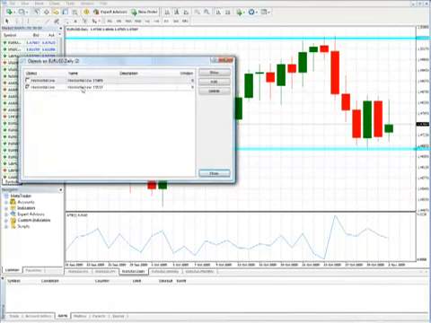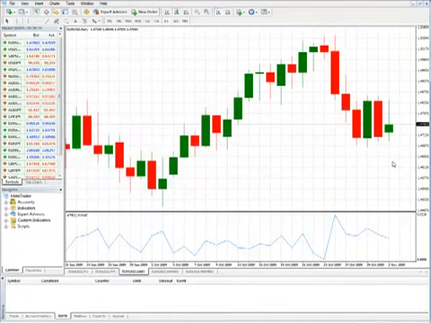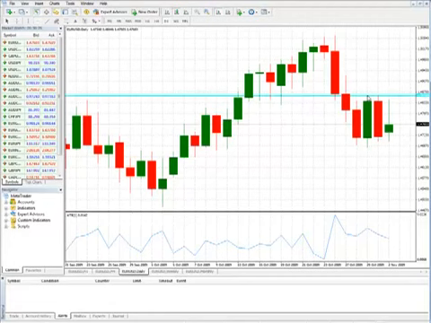Let's take the objects list real quick. Got to remove both of those. Okay. If you're looking at, say, the last 3 days, not including the current day, take a look here. That's the highest high.